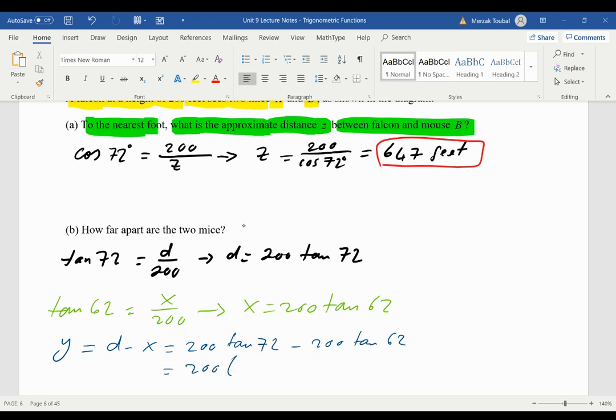If I take 200 as a common factor, then it's going to be 200 times tangent 72 minus tangent 62. Of course, this step is optional. You can go ahead and just put everything in the calculator. When you do the work, you're going to find 553 feet. This answer is rounded to the nearest foot.